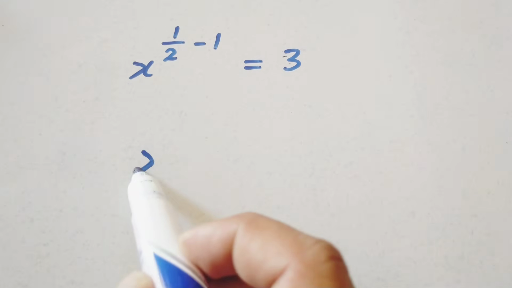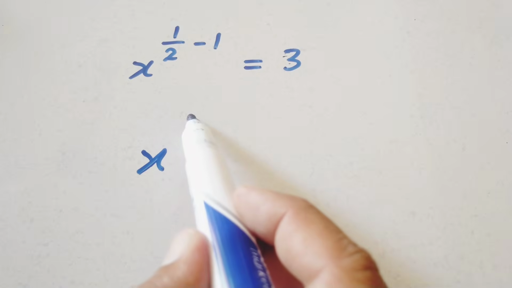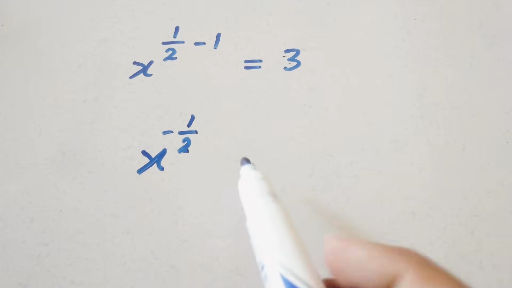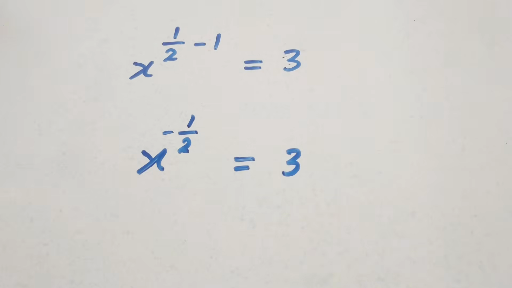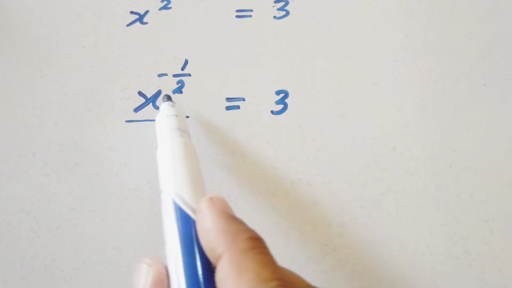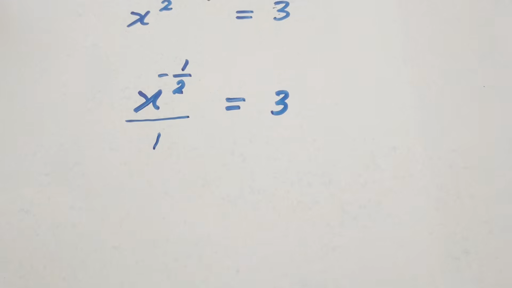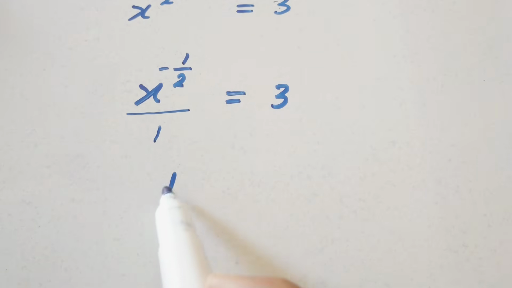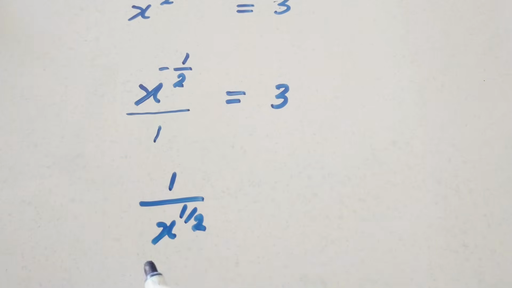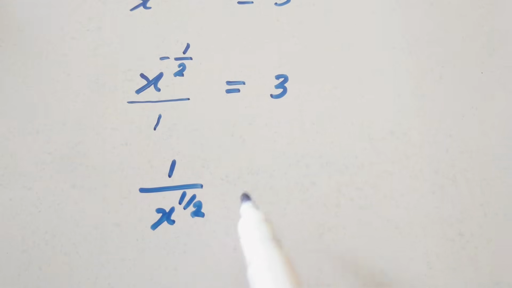Now x power 1 by 2 minus 1, we get minus 1 by 2, with negative sign, is equal to 3. It means that x power minus 1 by 2 is 1 divided by x power 1 by 2. When we moved x power minus 1 by 2 from numerator to denominator, then its exponent will be positive, is equal to 3.